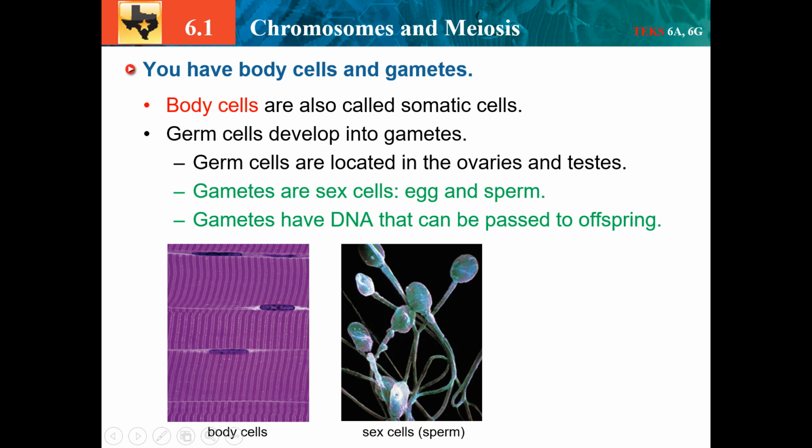And the gametes are going to contain the DNA that we pass on during fertilization, during sex, to make offspring. And this is a picture of a muscle cell right here, and then this is a picture of one of your gametes for males, a sperm.